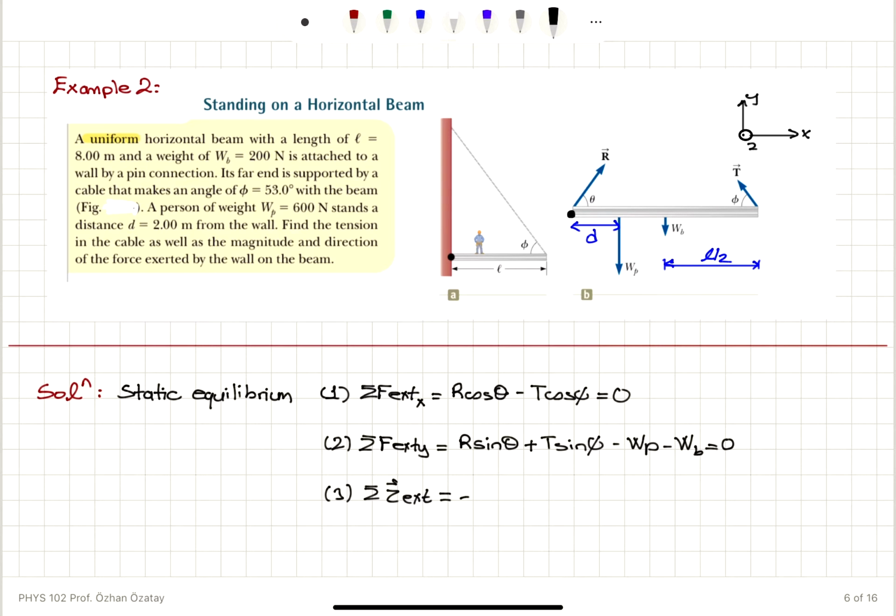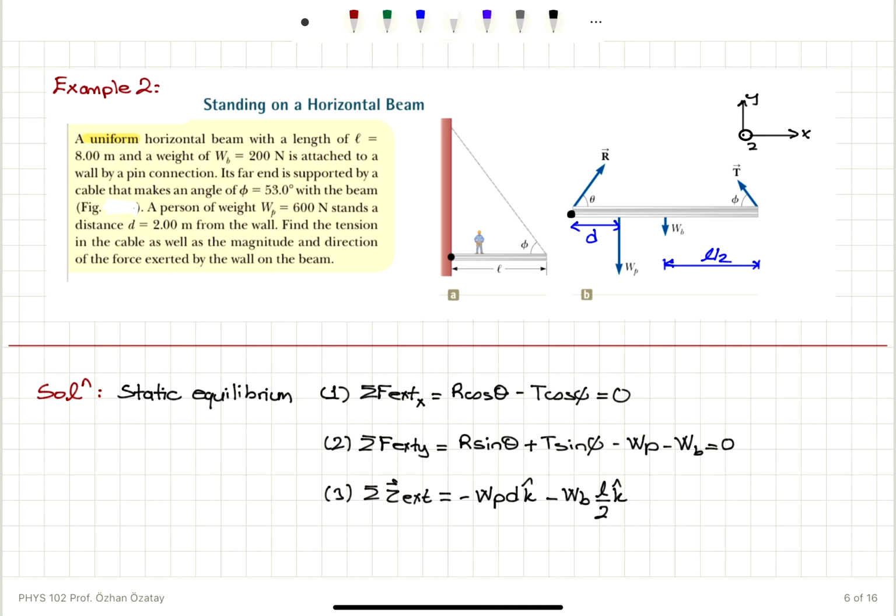So minus WP d k hat, this is due to the person. And similarly, due to the beam, I will have minus WB, the perpendicular distance is L over 2 k hat. Why is it L over 2? Again, because the center of gravity is right in the middle.